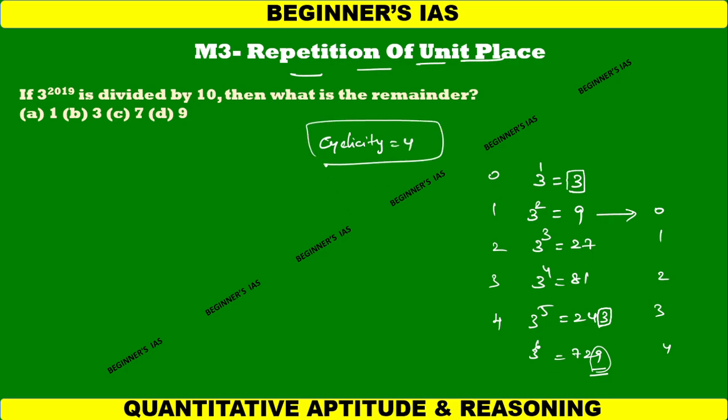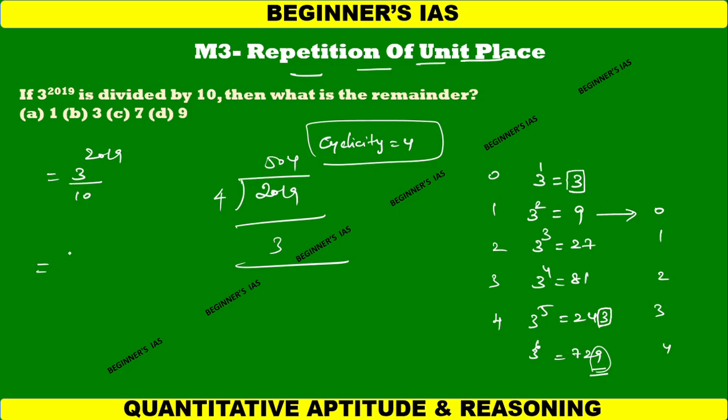After finding the cyclicity, what do you need to do? The simple thing is to divide that 219 with 4 as the divisor. Now simple. We have already solved this problem by method 1. So now check: 3 power 4, the whole power 504, into 3 power 3.